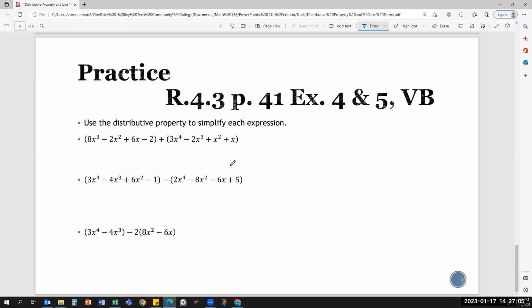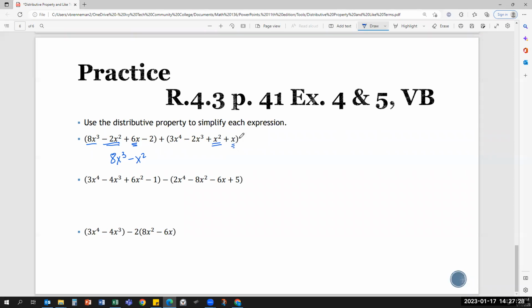So what I need to do here is just look for like terms. So 8x cubed, there's no like term. Negative 2x squared, there's an x squared, so that'd be minus x squared. Then 6x, there's an x.